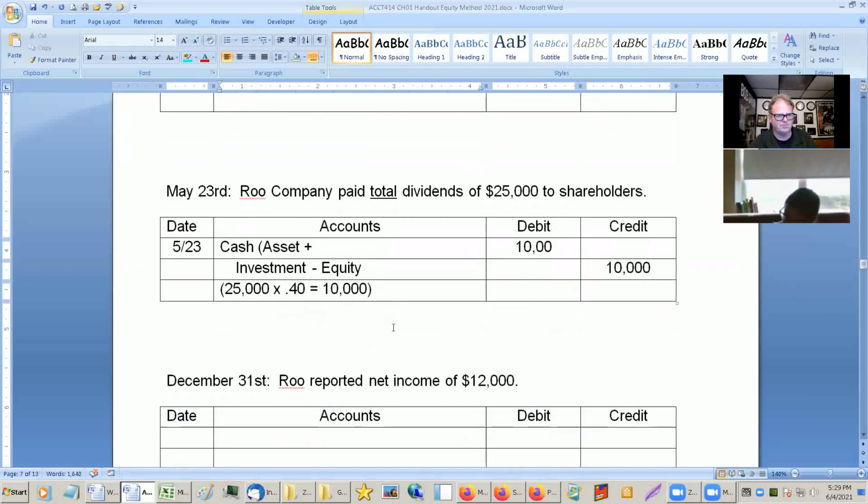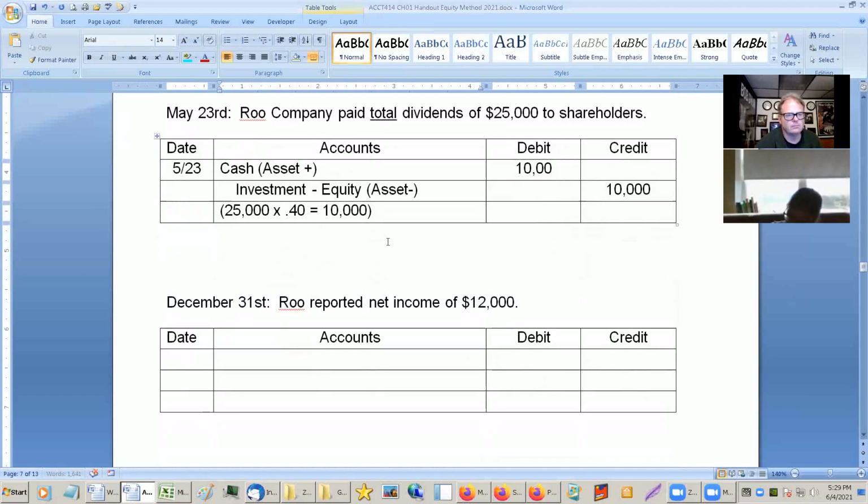And then your ending balance would be, let's see. So you would start with 80,000 for your investment equity. And then you would subtract the dividends of 10,000.